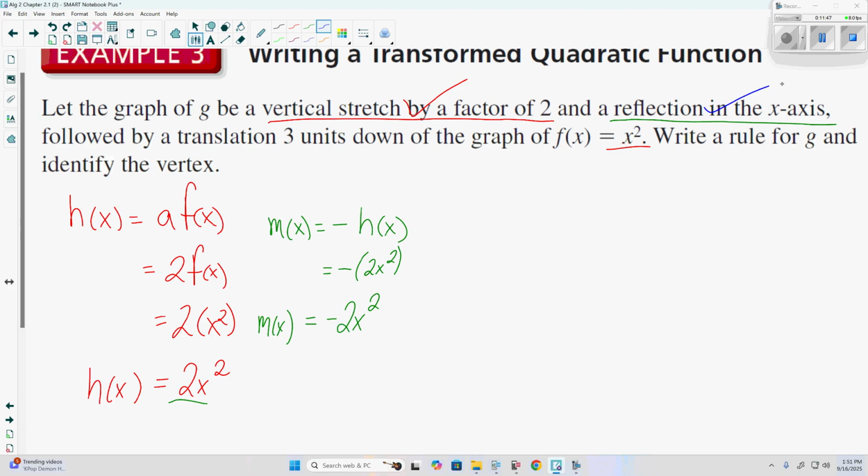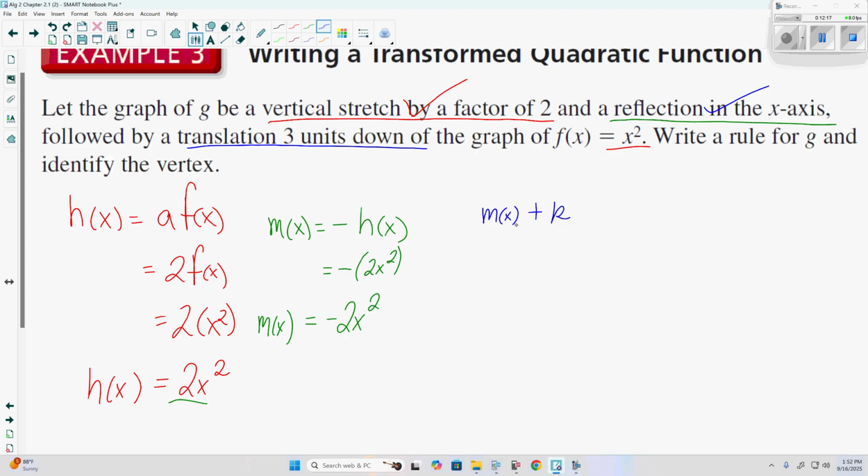Question? Now our last transformation is what? Followed by translation 3 units down. The general form for translation up or down is f of x plus k. Since we're applying it to m of x, it's m of x plus k, because we're adding or subtracting the amount that we're moving it up or down.